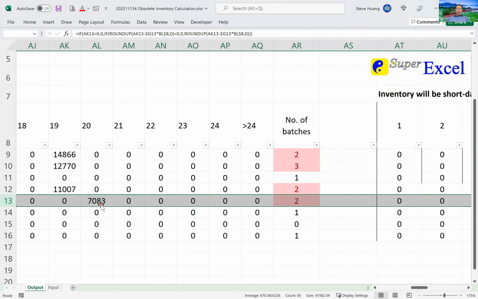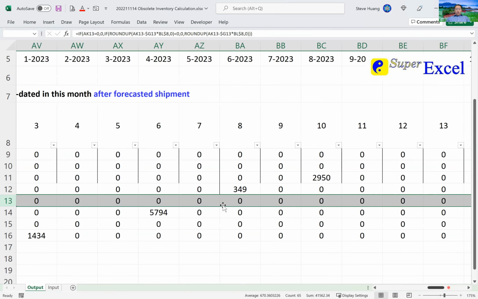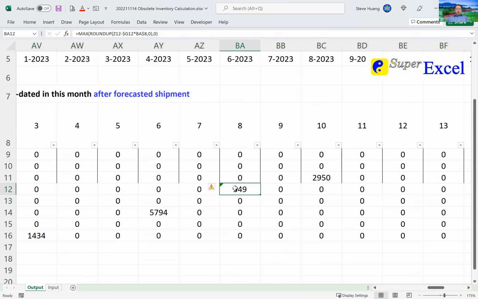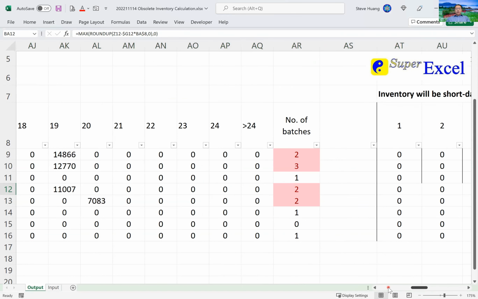So we'll have 2 months having inventory that will be short dated. And this time the issue will be a little bit different from the previous one. Previous one is that we have some inventory that will be short dated, will not be used. So that original format will not be right. But this time it's actually, we have something less.